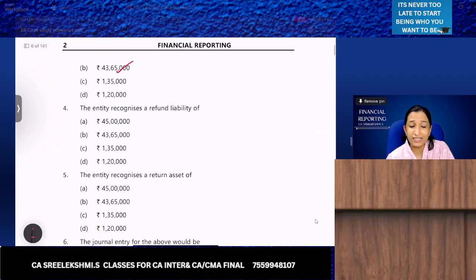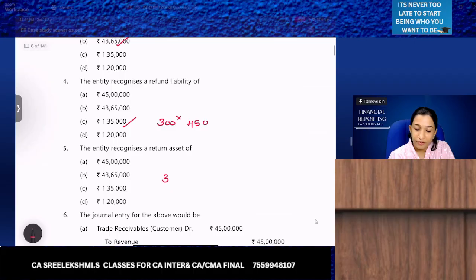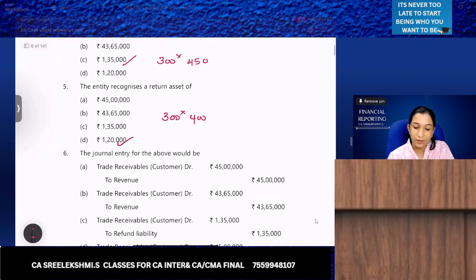The entity recognizes a refund liability of 300 into 450, that is 1,35,000. The entity recognizes a return asset of 300 into 400, that is 1,20,000.